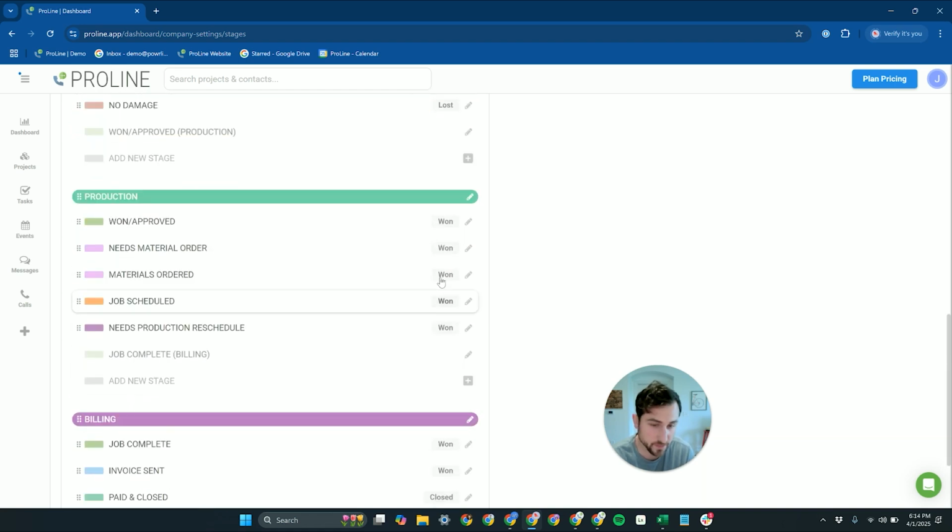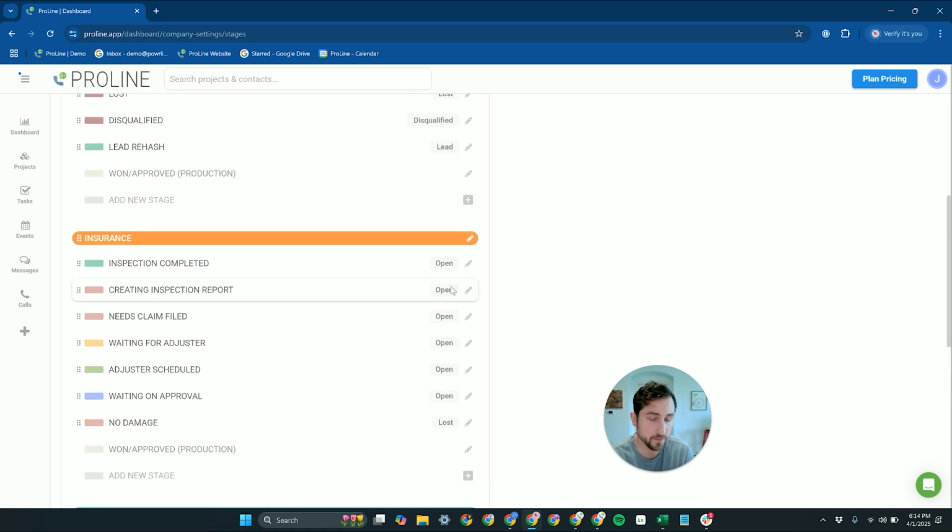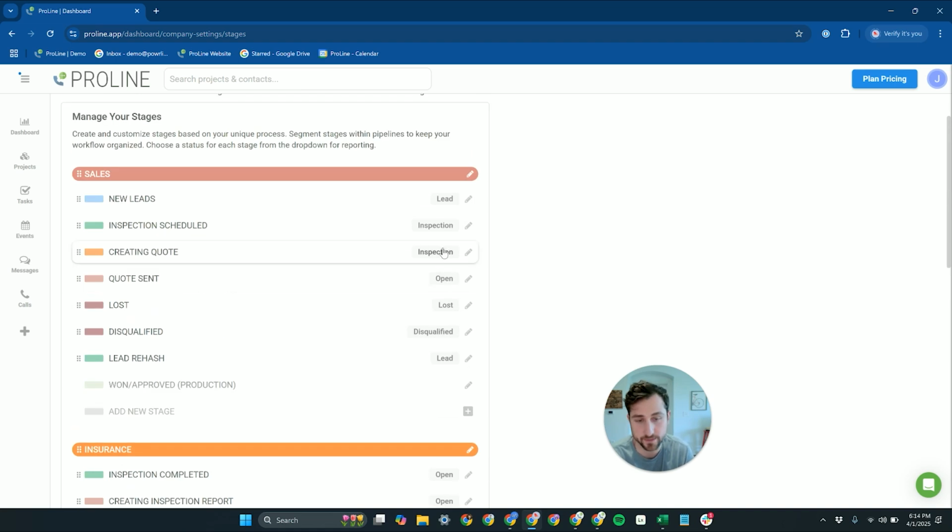If you have these misconfigured in some way, and you either have missing statuses or statuses assigned to the wrong stages, that can drastically impact your reporting. So it's always good to review this, and thankfully you can fairly easily fix this for past projects. It's not perfect, but this will mostly fix your reporting just by updating these.